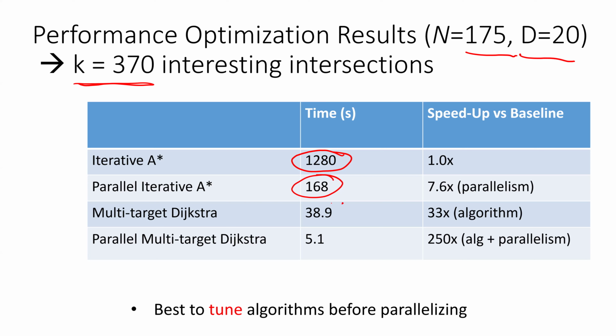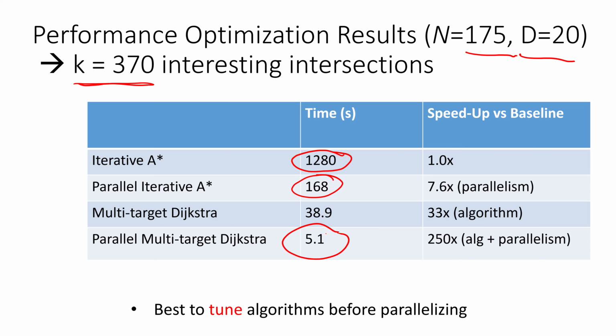If we change the algorithm to multi-target Dijkstra, which is not K squared, it's K, it's a bigger hammer. That gets us all the way down to 39 seconds. So now we could use that. And if we take that algorithm and parallelize it, we still get almost an 8x speed up.